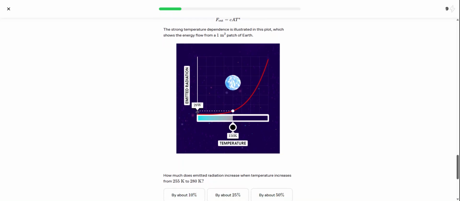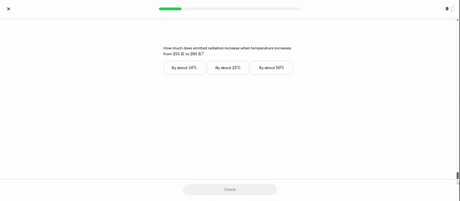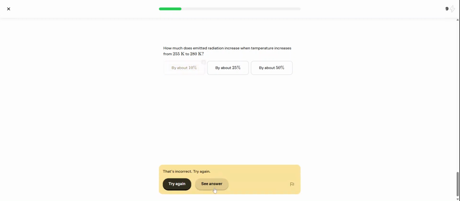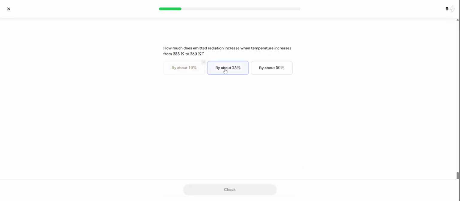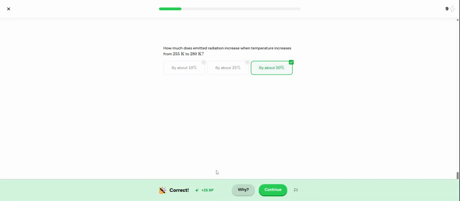Wait, there's no such value given. I'd say by about 10%. Let's check. So about 25%. No, by about 50%. I simply don't know why that's the correct answer, but let's click why for its reasoning.